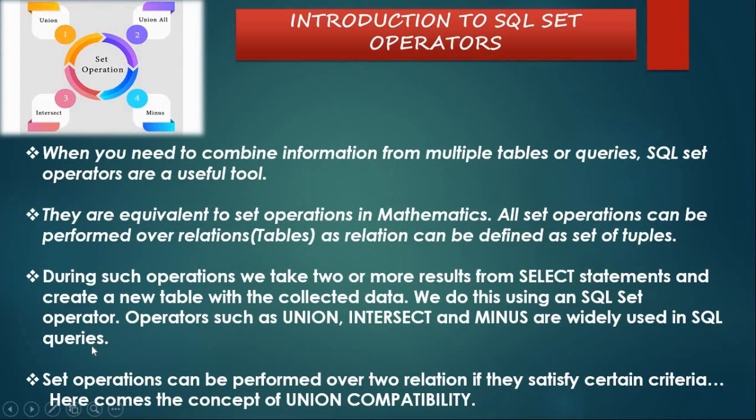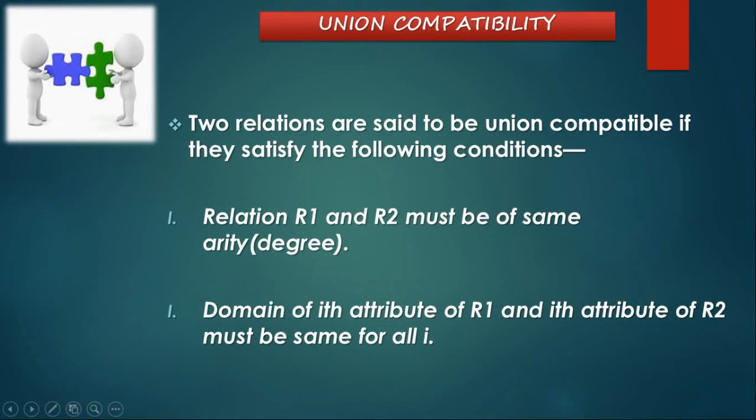Now it's something important. Set operations can be performed over two relations only when the two relations satisfy certain conditions. Here an important concept comes, which is union compatibility. So the two relations must be union compatible in order to perform SQL operators. So what are these two conditions?